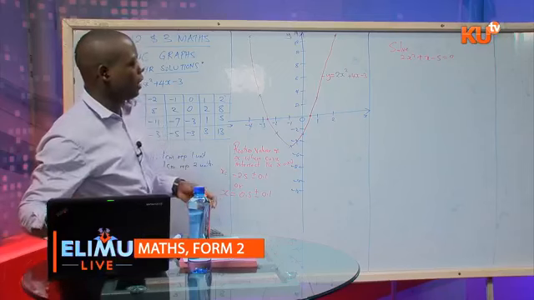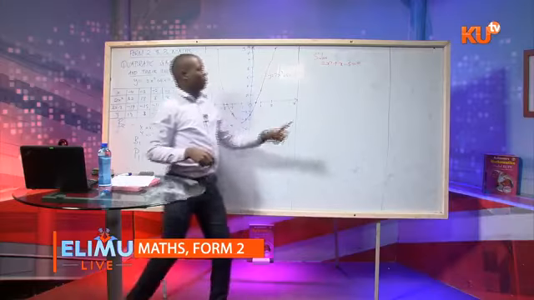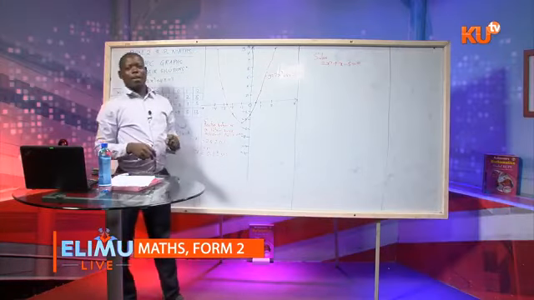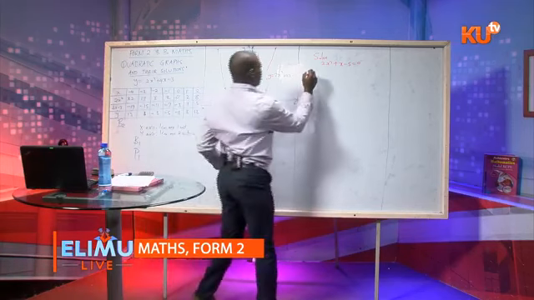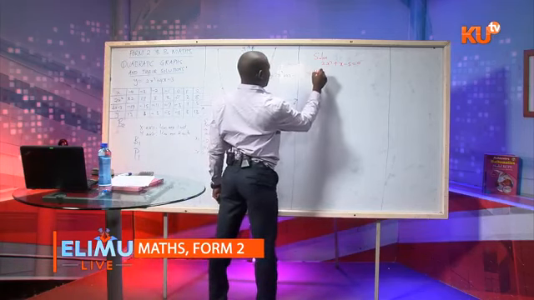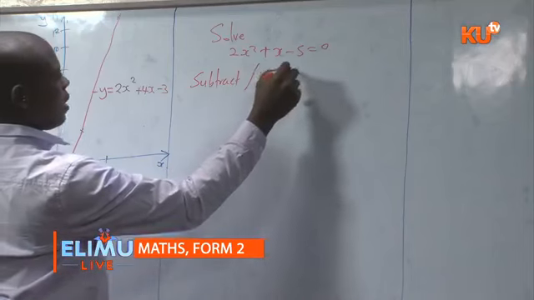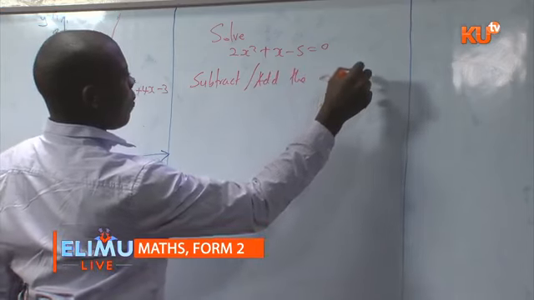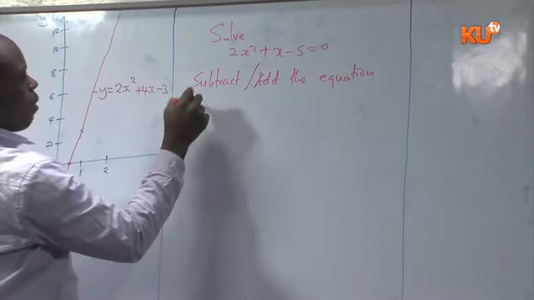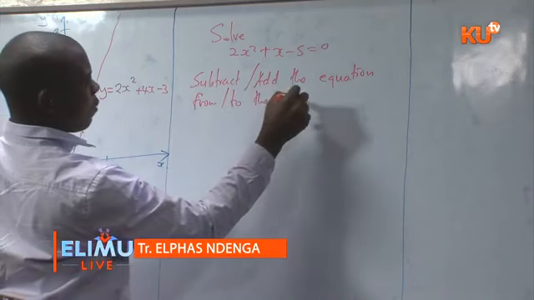So that is what now we call the equation. And we are supposed to solve this equation using the function. So what you do is simply subtract or add the equation that is from or to the function.